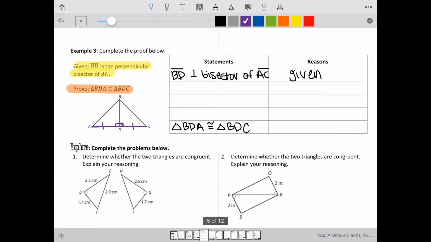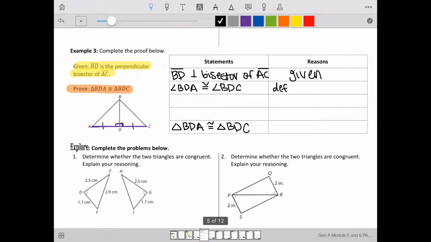So just by applying the definition of perpendicular bisector, we can fill in some more information in our table. First, we know that it makes a right angle. So angle BDA has to be congruent to angle BDC because they're both 90 degrees.